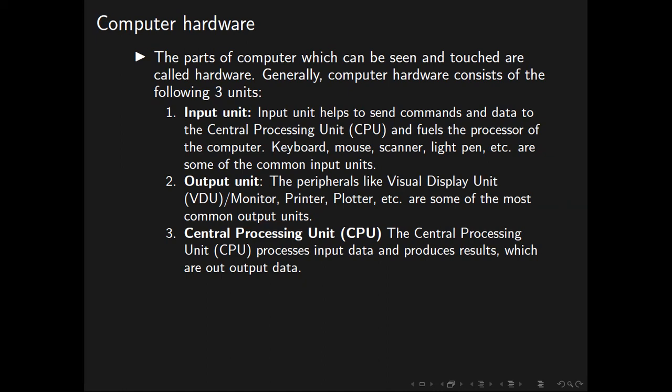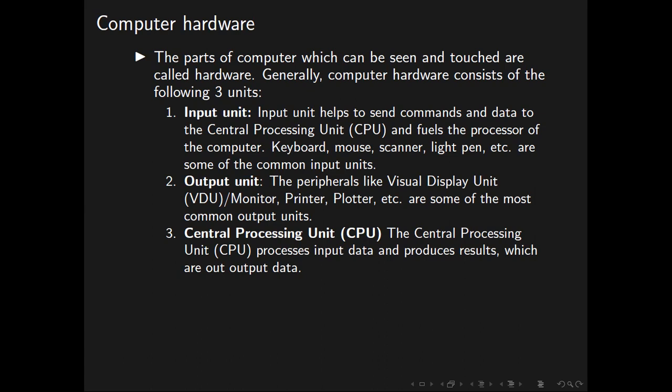Then printer, plotter. Printer is the small size hard copy machine, whereas a large size hard copy machine is available in the name of plotter. Plotter provides very large size printed copies.